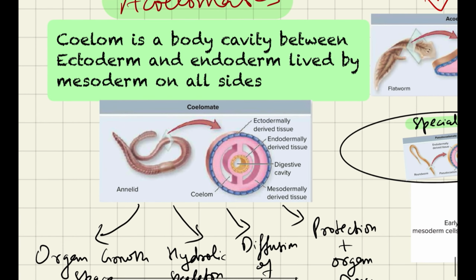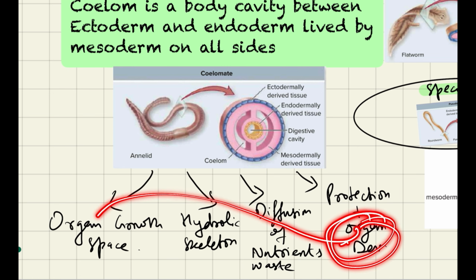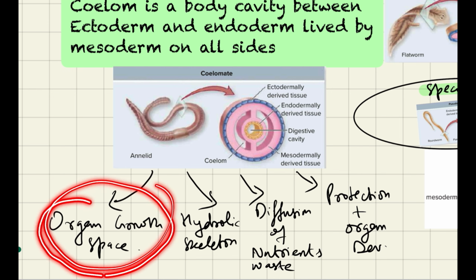Now let's quickly come to the benefits or significance of this coelom. First, there is organ development. Various organs develop from the mesoderm, like reproductive organs, and this cavity also provides space for organ growth.